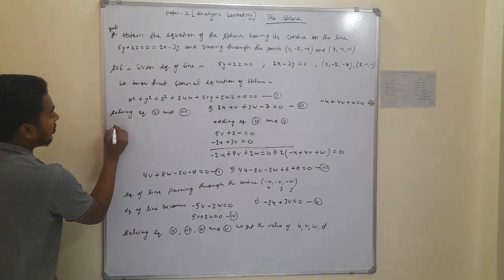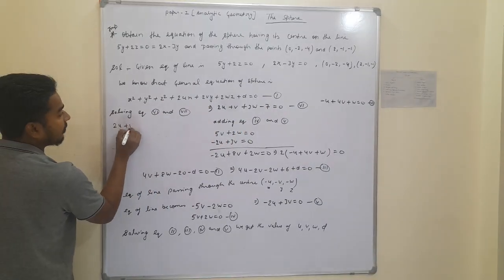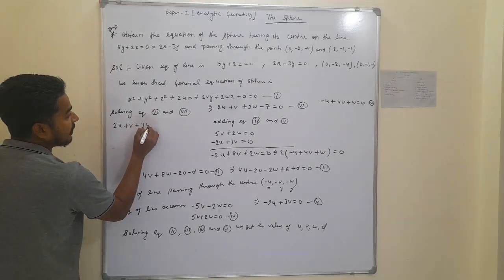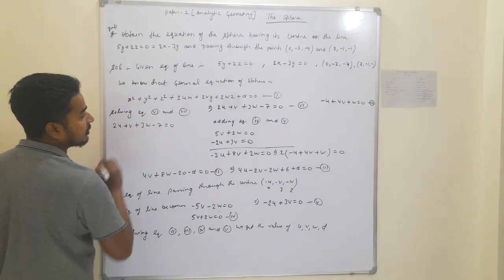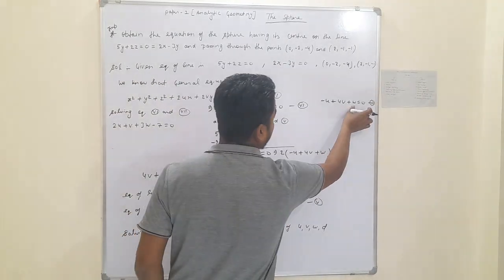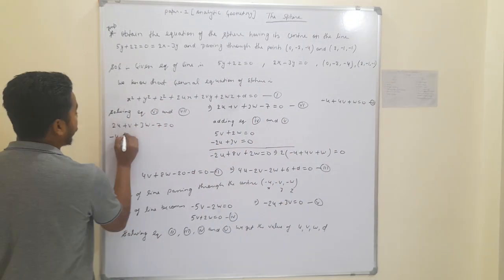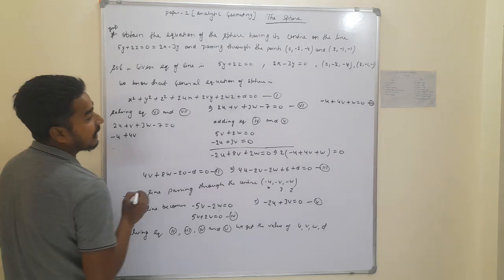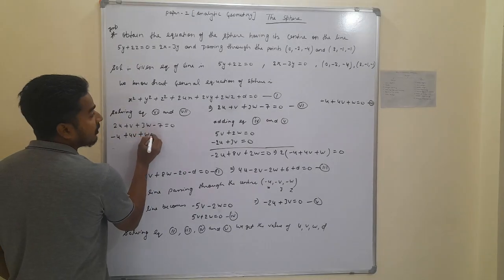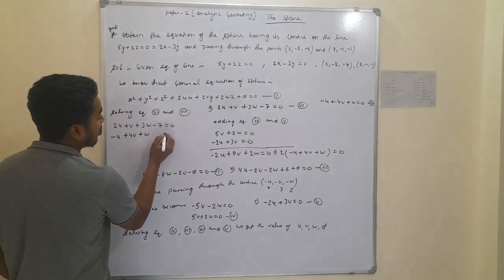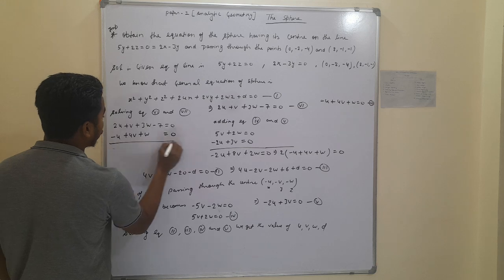Equation 6 is given by 2u plus v plus 3w minus 7 is equal to 0. And equation 7 is minus u plus 4v plus w is equal to 0.